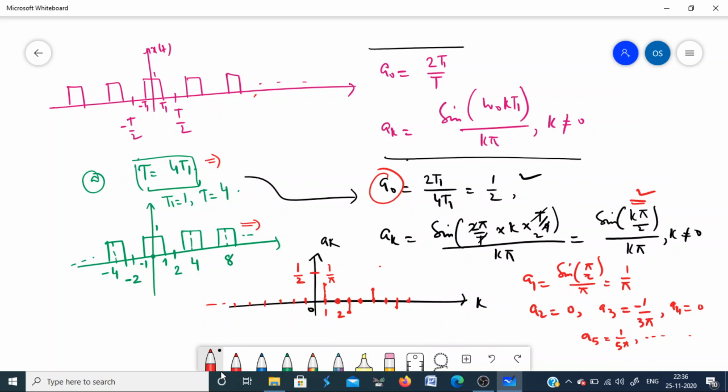So you have one positive coefficient, then 0, then one negative coefficient, and the magnitude keeps decreasing, oscillating like this. And similarly on the negative side.